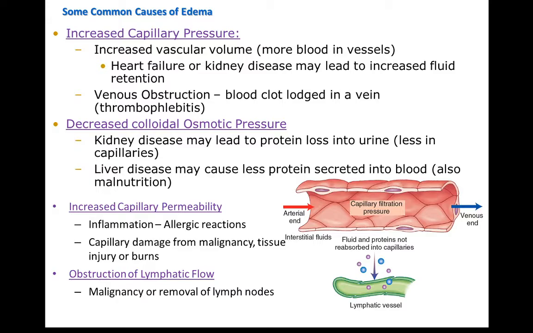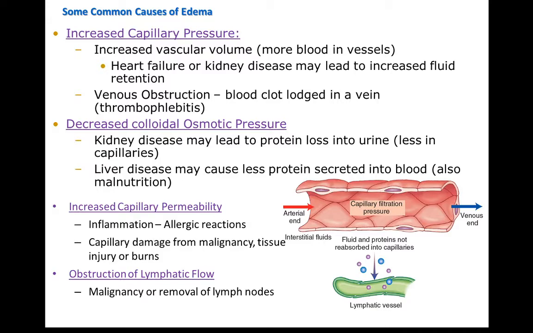This could also happen in liver failure because the liver is not able to make the plasma proteins that we need. Additionally, patients with malnutrition can experience this type of edema because they've lost that intravascular colloid osmotic pulling that comes from having adequate protein in your blood.